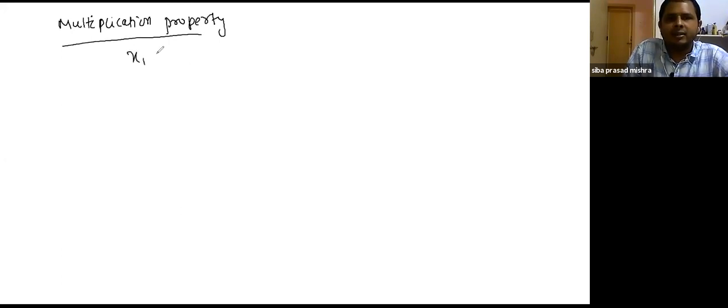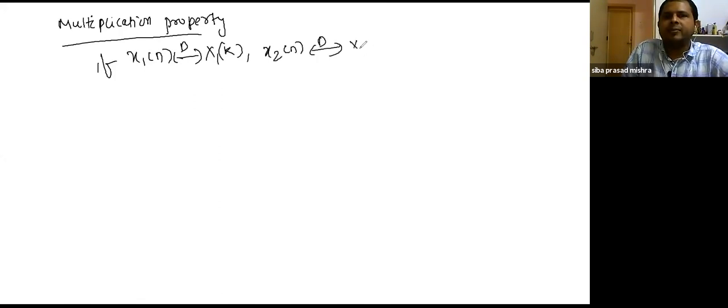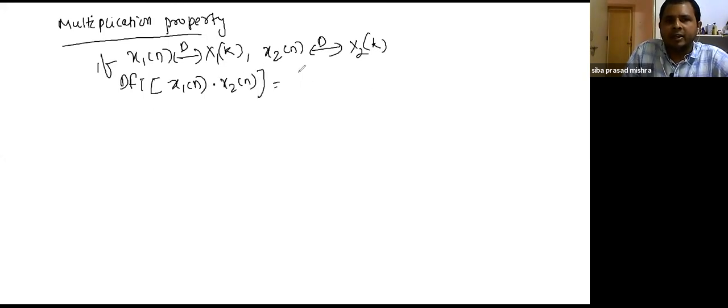Same thing, if x1[n] has DFT X1[k], and x2[n] has DFT X2[k], then the DFT of x1[n] multiplied by x2[n] equals 1 by N times X1[k] circular convolution with X2[k].